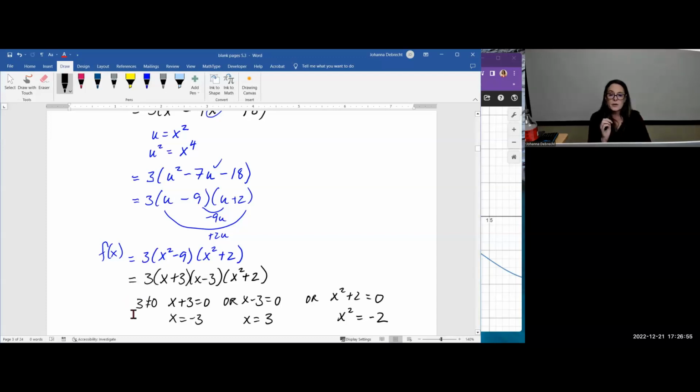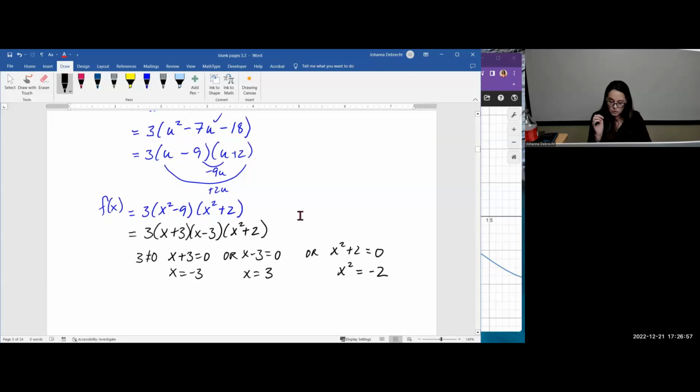When we do the square root, we're going to get plus or minus the square root of a negative 2. Now, the square root of a negative 2 is i square root of 2. So this gives me plus or minus i square root of 2.